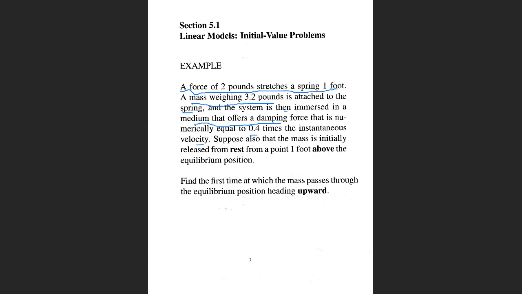Suppose also that the mass is initially released from rest from a point 1 foot above the equilibrium position. We want to find the first time at which the mass passes through the equilibrium position heading upward.